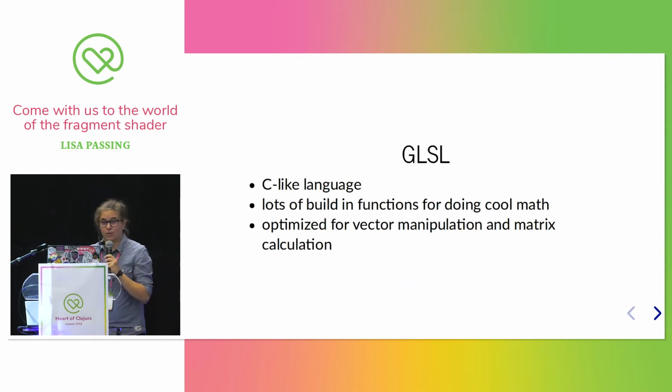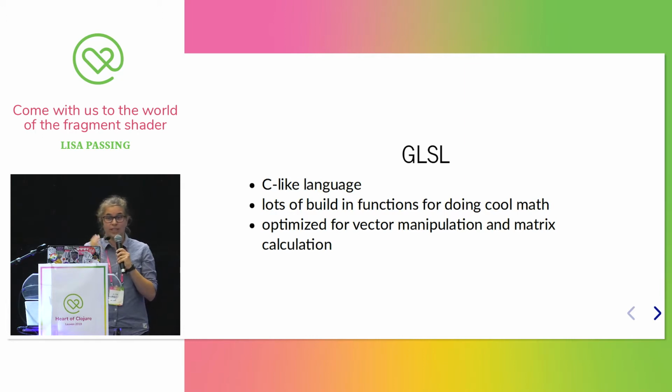Quickly about GLSL, which will be the main focus of all the code examples that follow later. It's not a Lisp, it's definitely not Clojure, and it's also not functional. It's a C-like language, so lots of curly braces, semicolons, static typing, all the things that I actually like. GLSL has a lot of built-in functions all around math, because this is what we do.